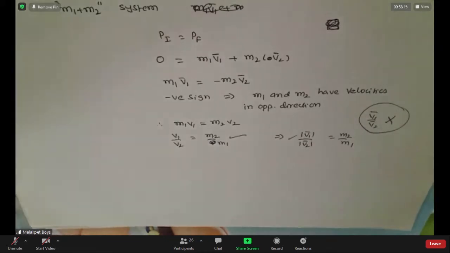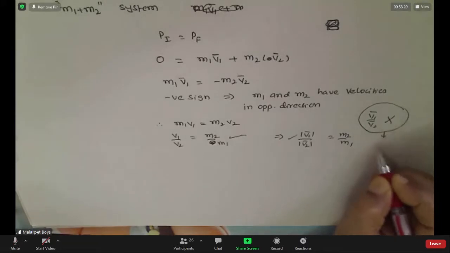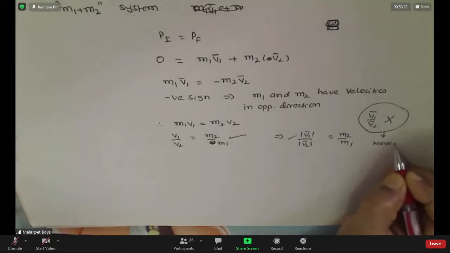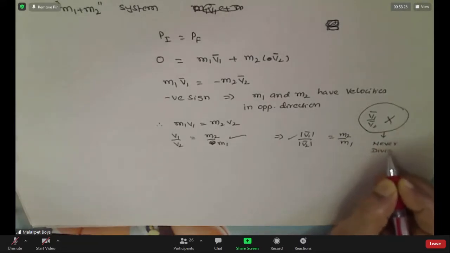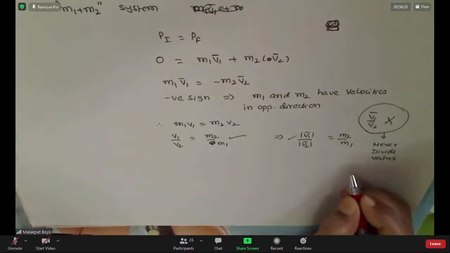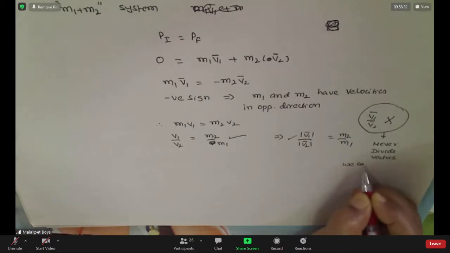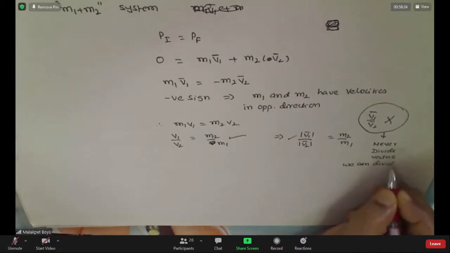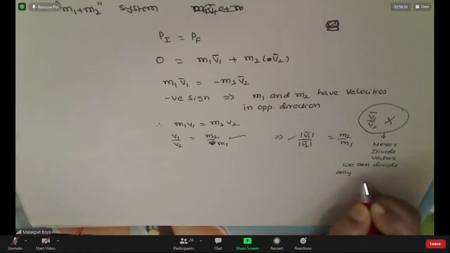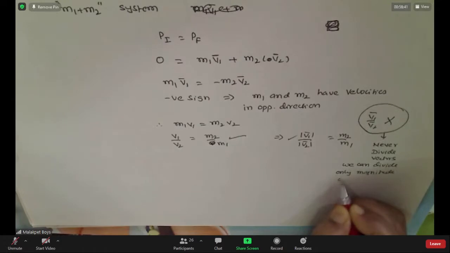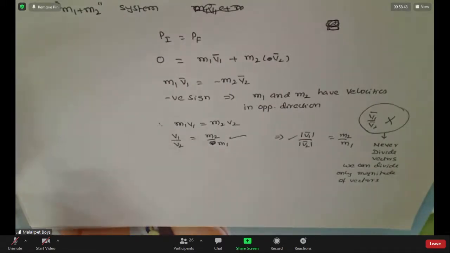Never divide vectors. Magnitudes of the vectors. Understood this?